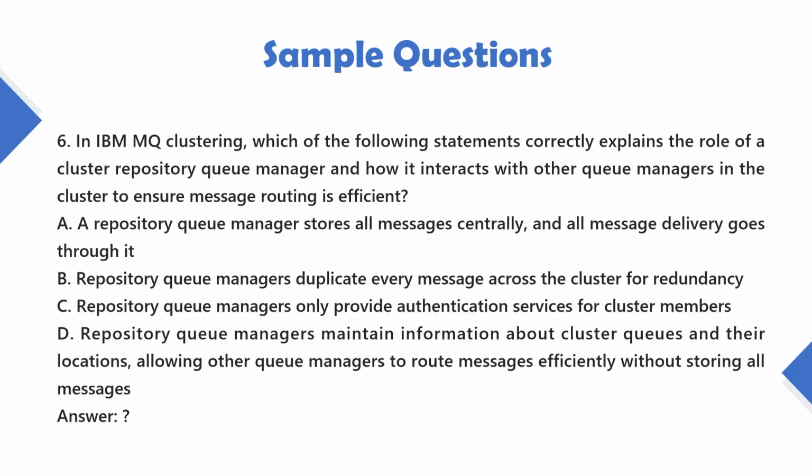B. Repository queue managers duplicate every message across the cluster for redundancy. C. Repository queue managers only provide authentication services for cluster members. D. Repository queue managers maintain information about cluster queues and their locations, allowing other queue managers to route messages efficiently without storing all messages. Answer: D.